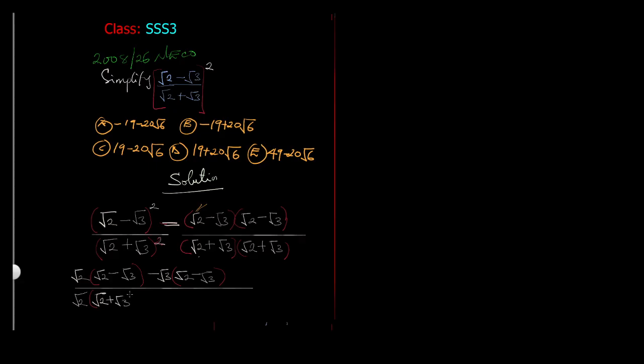Okay, all right, we're done with that. Next thing we are going to do will be for us to pick plus square root of 3. So we now have plus square root of 3. And then square root of 3 is going to multiply everything as well.